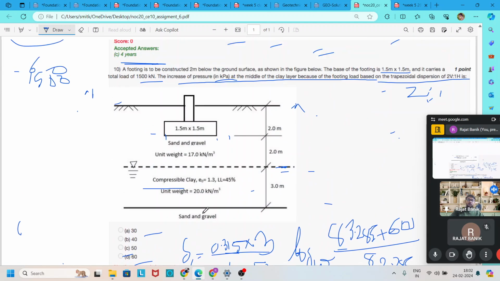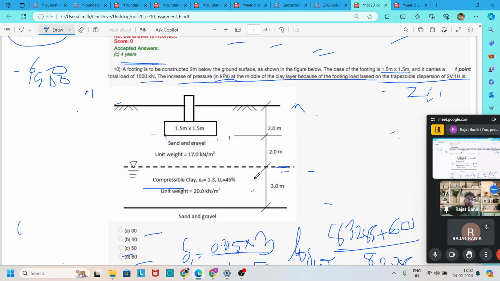So go back to question number 10. To find the length of the drainage path, we have to evaluate the condition of this clay layer. Above and below the clay layer there is sand and gravel. We know that sand and gravel have good permeability; they are called permeable soil.